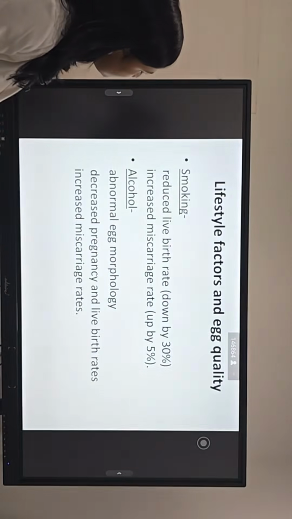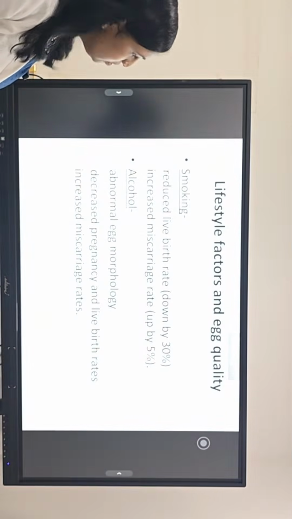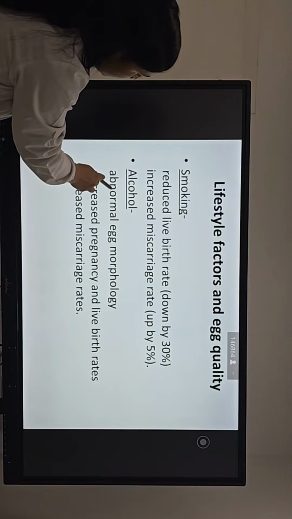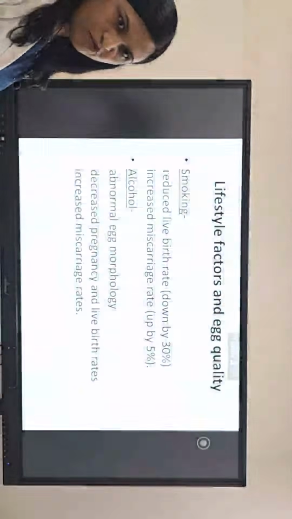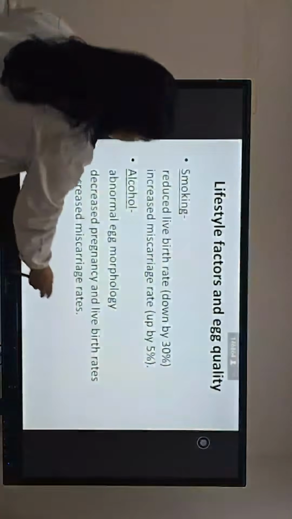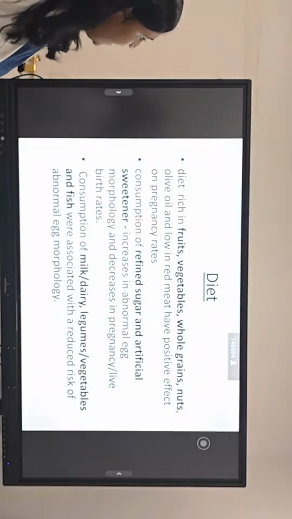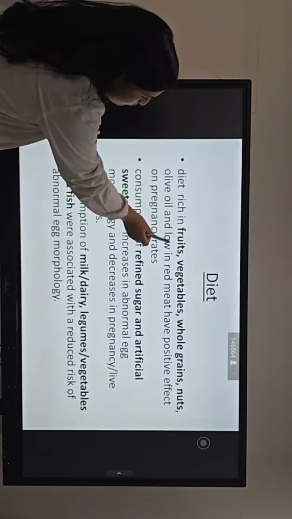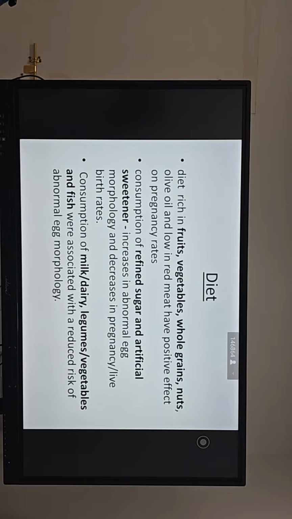Now, what is the relation between lifestyle factors like smoking and alcohol and the egg quality? It is important to know that both smoking and alcohol lead to a higher miscarriage rate because of abnormal egg morphology. Some diets favor an increase in egg quality, which are fruits, vegetables, whole grains, nuts, and consumption of milk, dairy, legumes, vegetables, and fish.